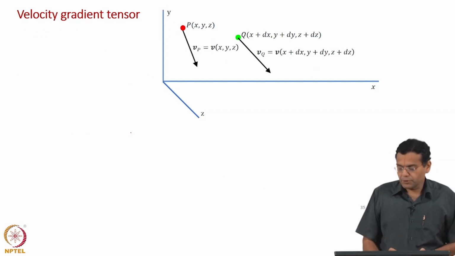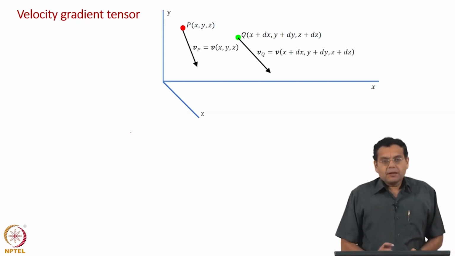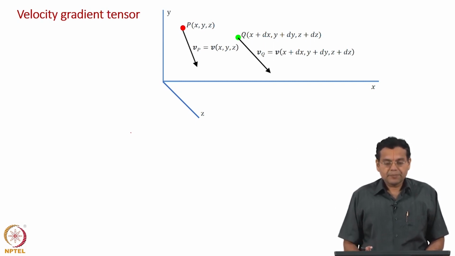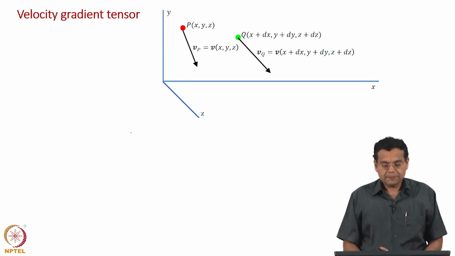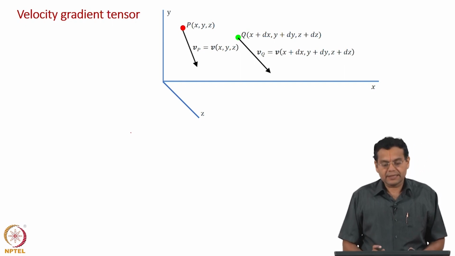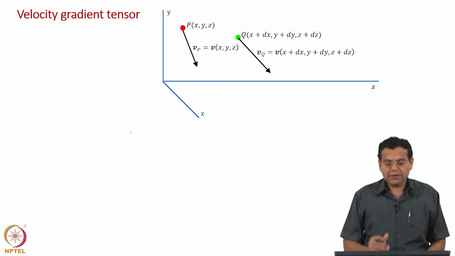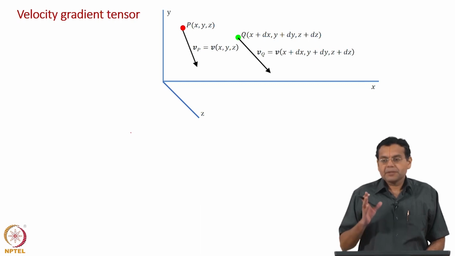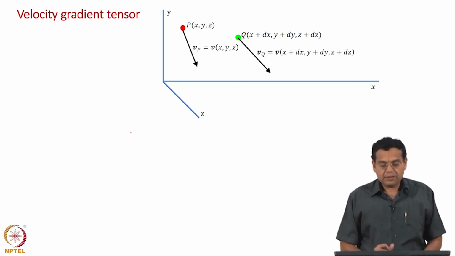Now, what we will do is analogously express the velocity gradient tensor in terms of two tensors. Here again it is done by deriving an expression for the velocity gradient tensor in two different ways, one the mathematical way, the other by splitting into components, the normal strain rate, shear strain rate and the rotation rate.